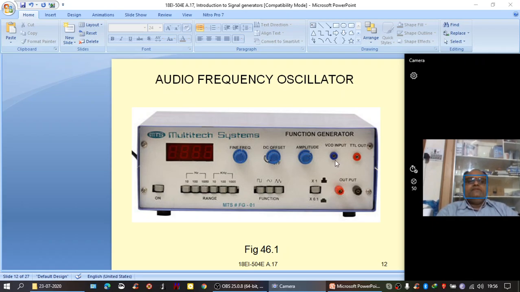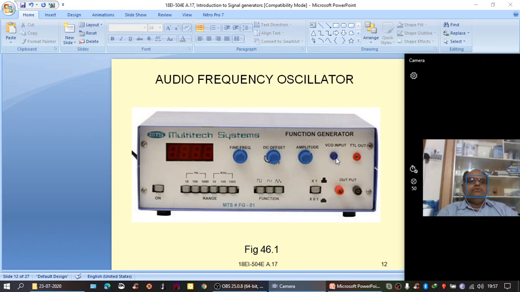And here VCO input, that is external frequency signal, can be applied here in order to lock the frequency of the external signal to the frequency of this. That is to produce a phase locked loop, PLL.